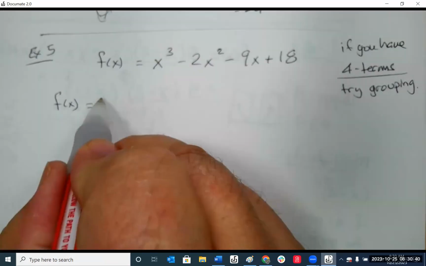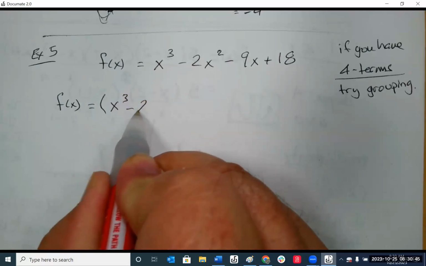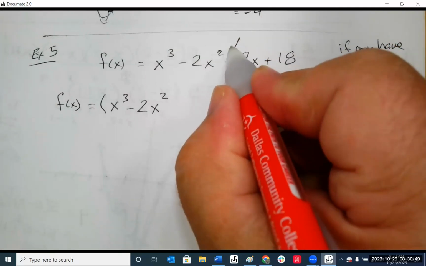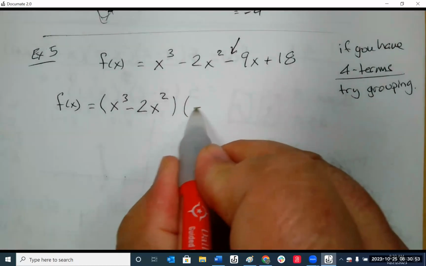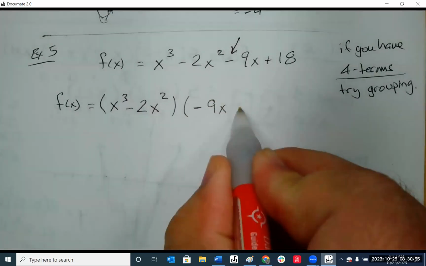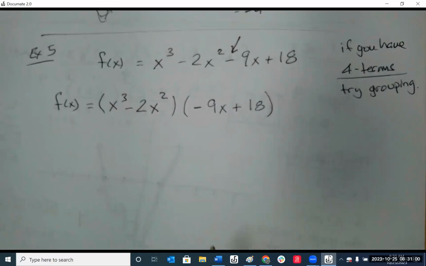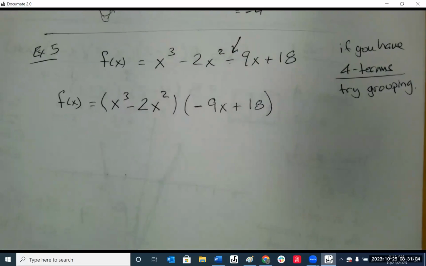Grouping is where you take the first 2 terms and put them inside parentheses. Since the middle term is a negative, you have to include that negative sign in the parenthesis on the second side. If the middle sign is a plus, then you don't have to put it in there.